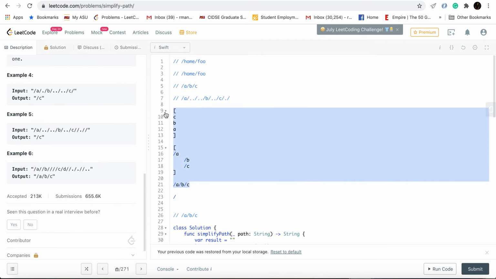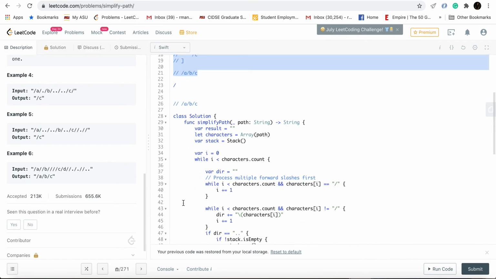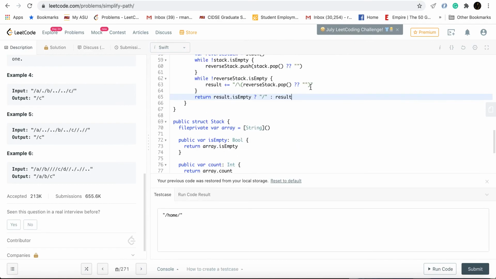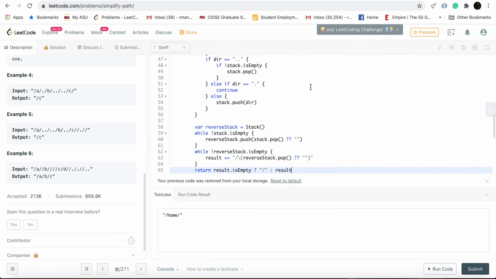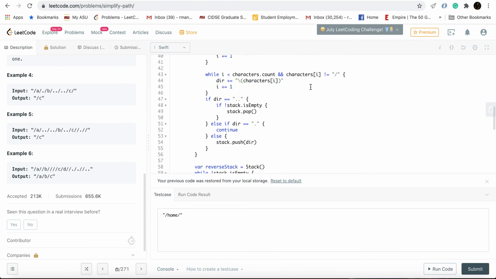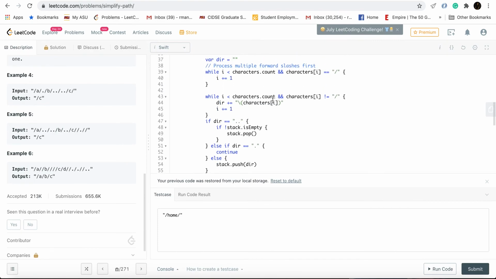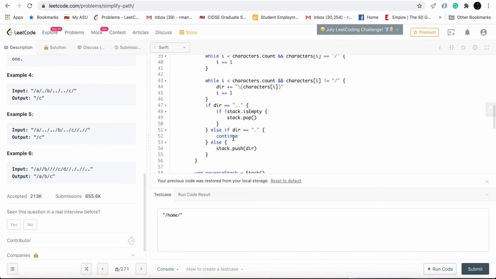Cool, let me just comment all this out. Cool, I think we are ready to submit this solution. Let me just go through it to make sure we haven't missed anything. Characters, okay, I think we should only push to the stack if it is a non-empty directory name.